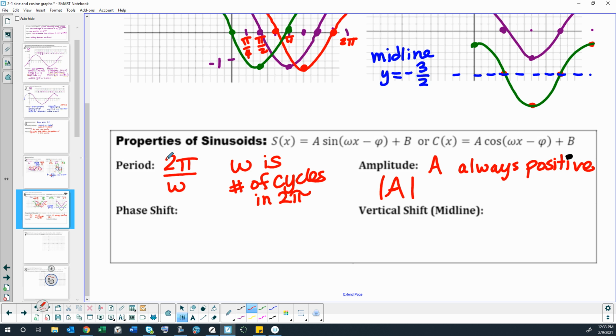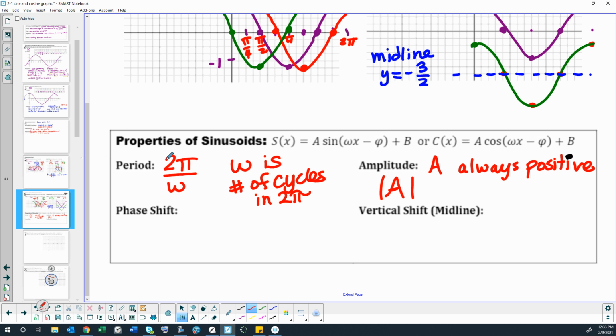Phase shift. Which number in there is the phase shift? That's the fancy name for a left or right shift. Which number has to do with the phase shift? It's a weird Greek letter, so you may not remember what it is. It's called phi. Okay? Here's the trick though. Phi is not the actual phase shift if omega is not 1. If omega is 1, then phi is the phase shift.